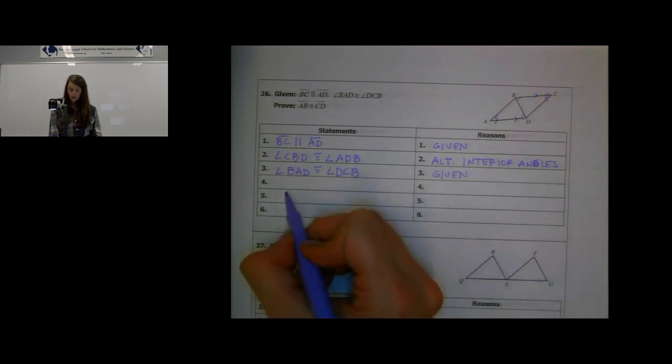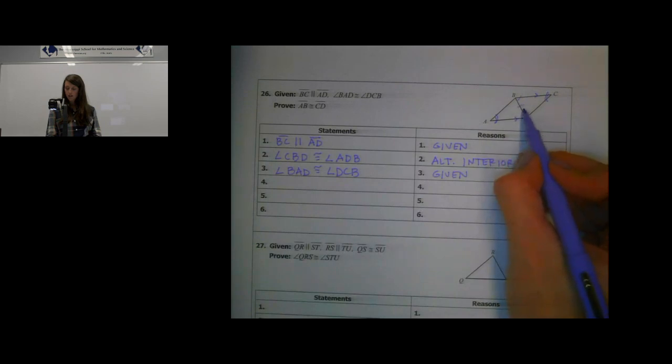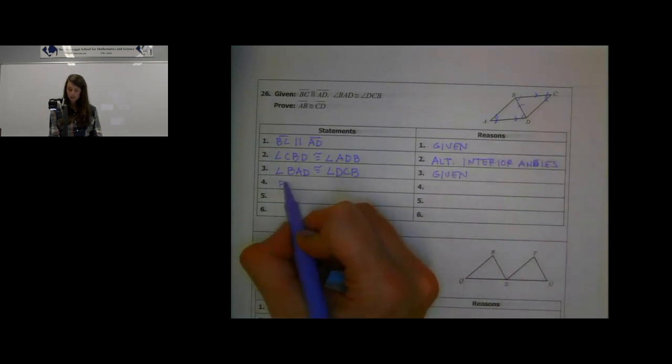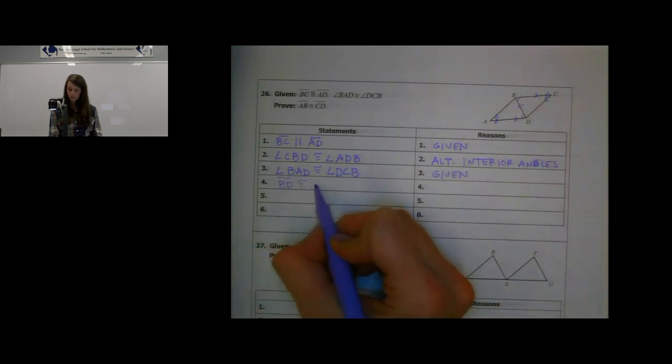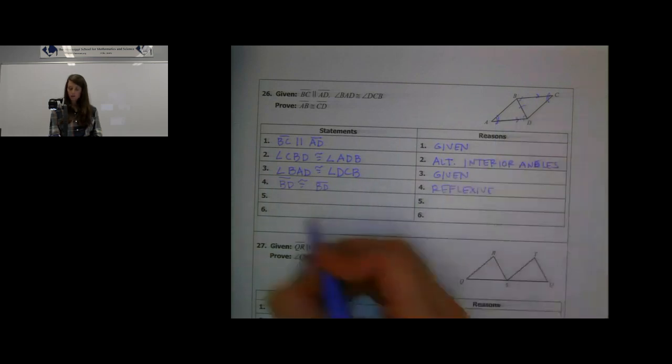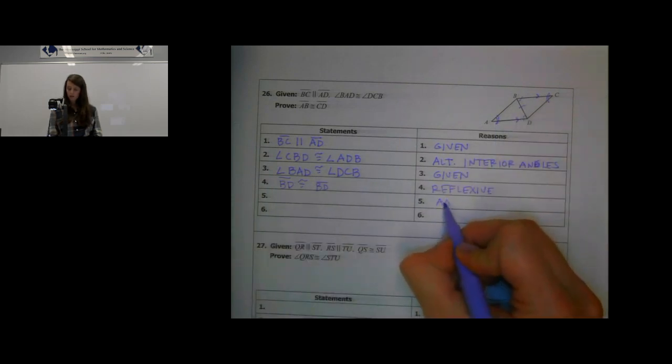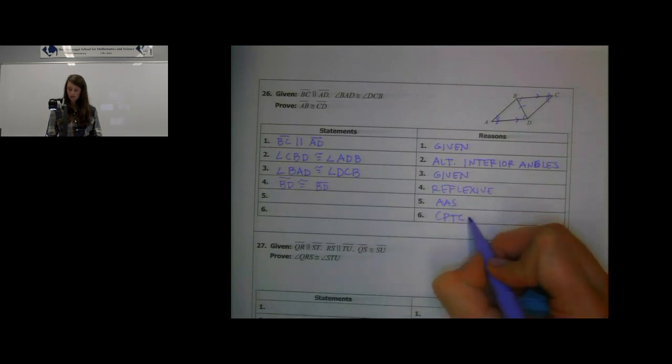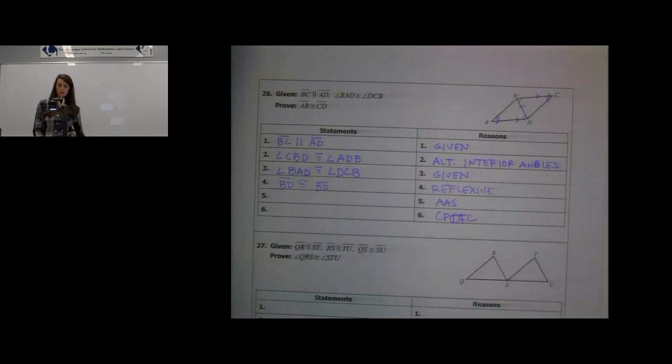Alright, they share this common side here, so BD is going to be congruent for both of them. So what do I have here? Angle, angle, side. So by angle, angle, side, these triangles are congruent. Then corresponding parts of congruent triangles are congruent.